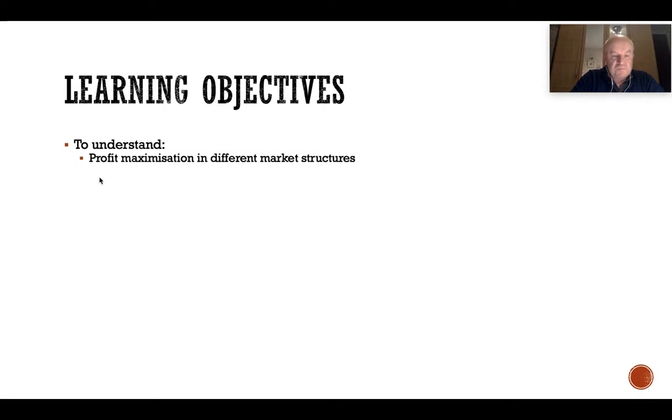My problem, not yours. So the first thing we're going to need to understand is profit maximization. We talked briefly about profit maximization in the previous unit. And remember, that is basically where MC equals MR. So a profit maximizing firm will keep producing to the point at which marginal cost equals marginal revenue.